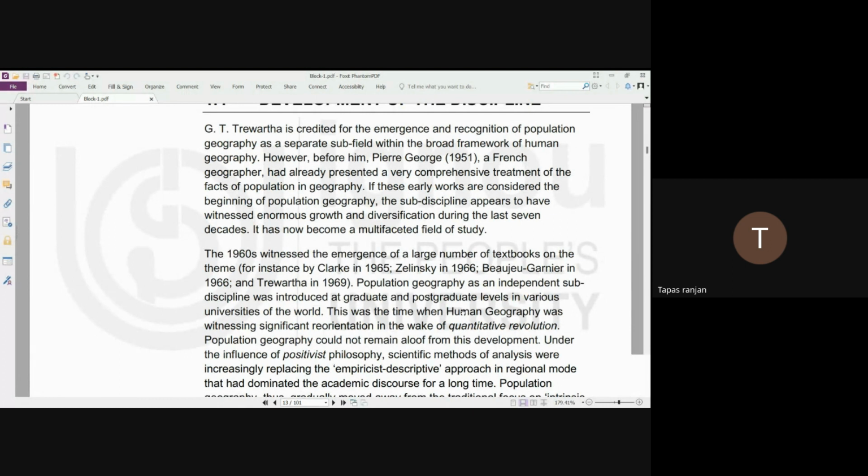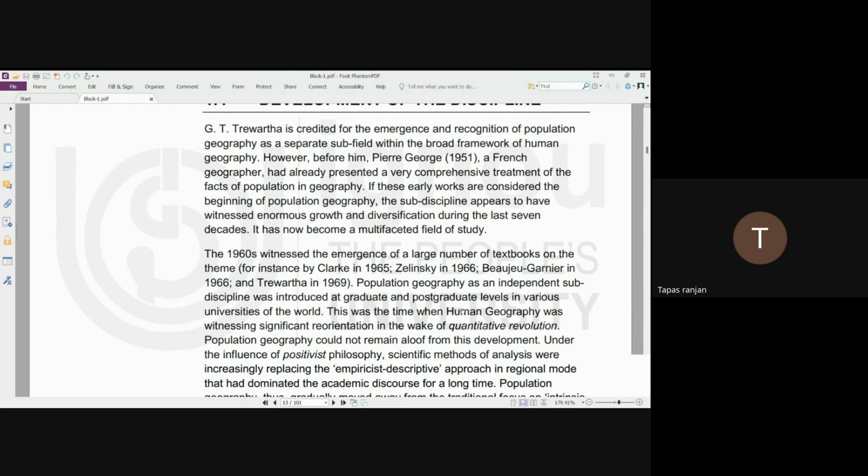So now the human beings are active. When the people are active, geography started emphasizing the population part, the human part, because human beings played a vital role in shaping geography.